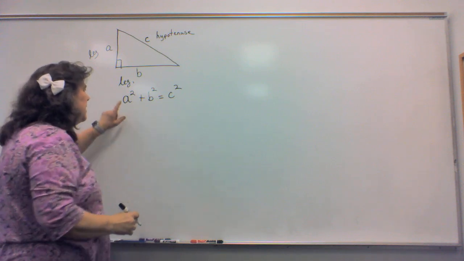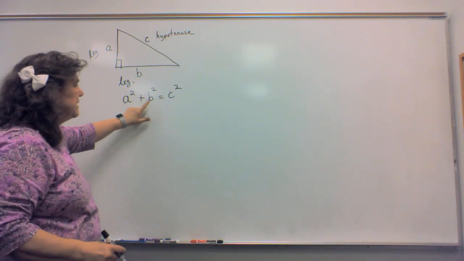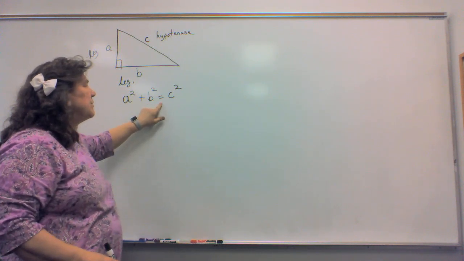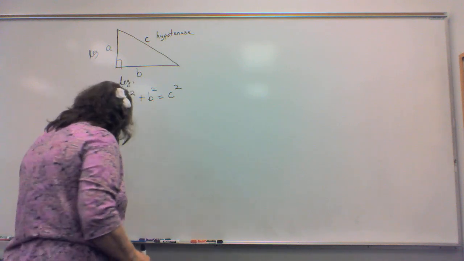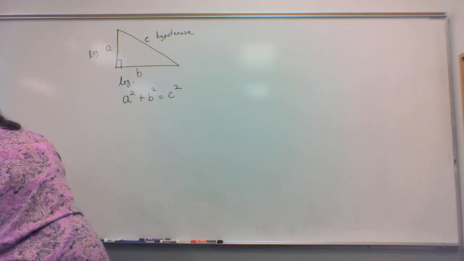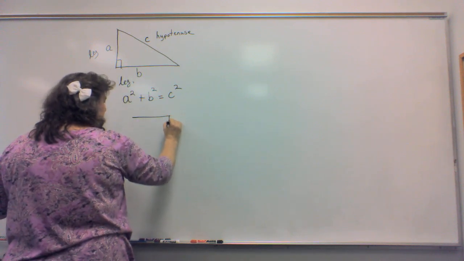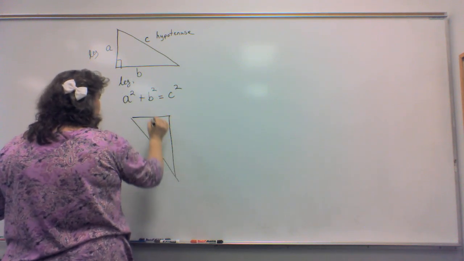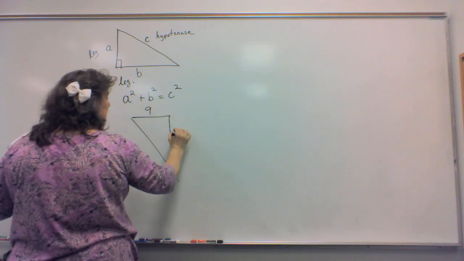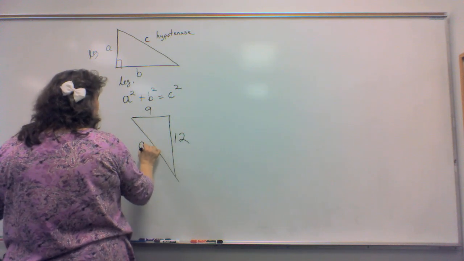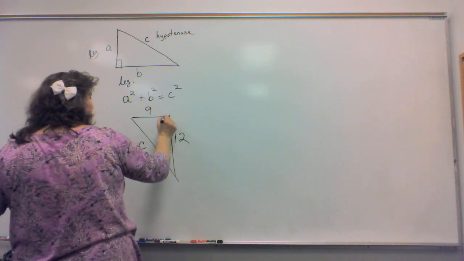In other words, the square of one leg plus the square of the second leg is equal to the square of the hypotenuse. So what happens if we have a right triangle with a leg of 9 and a leg of 12, and we want to know the hypotenuse?